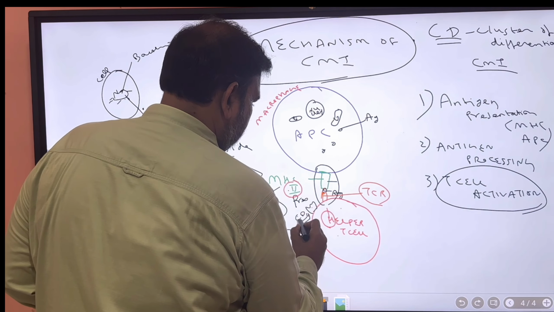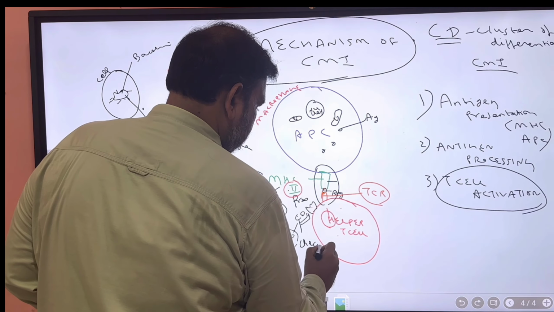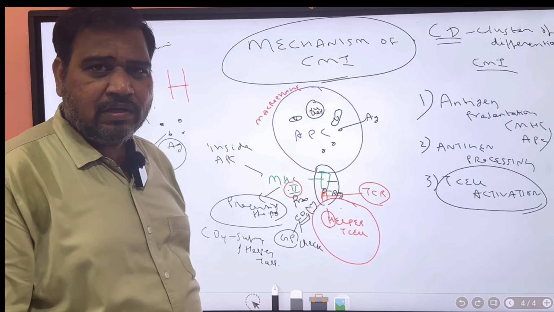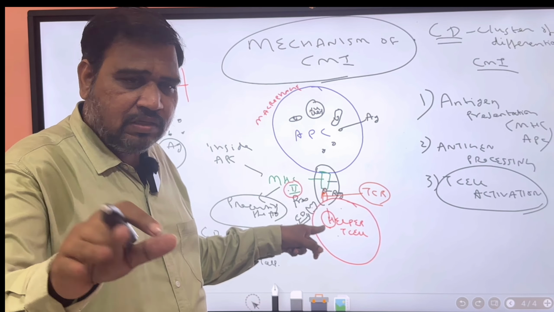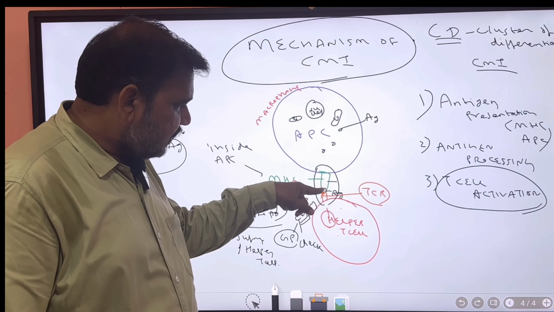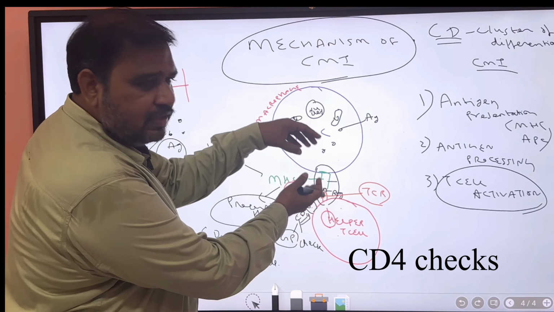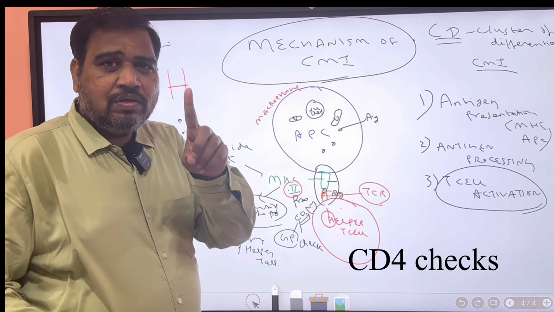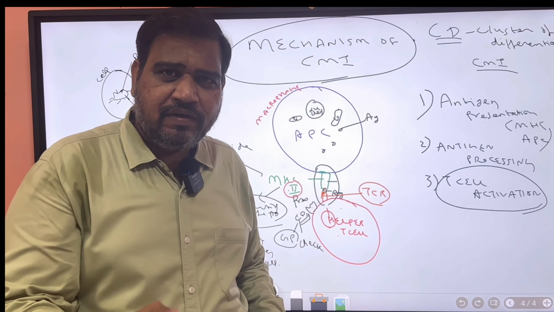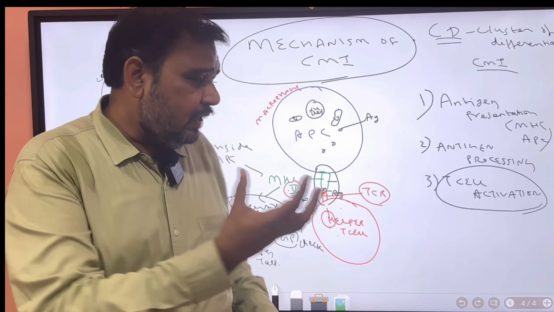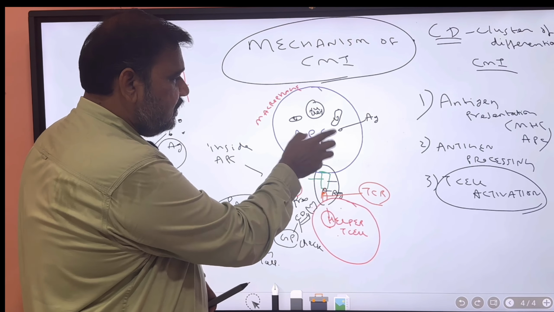C for check, you can note it down. C is for cluster, but for understanding I am telling what CD4 does. CD4 checks whether the antigen has come with MHC. As I told, T cell will not recognize free antigens. T cell will not take free antigen. T cell will take only antigen coming from the antigen presenting cell. Here it is macrophage.